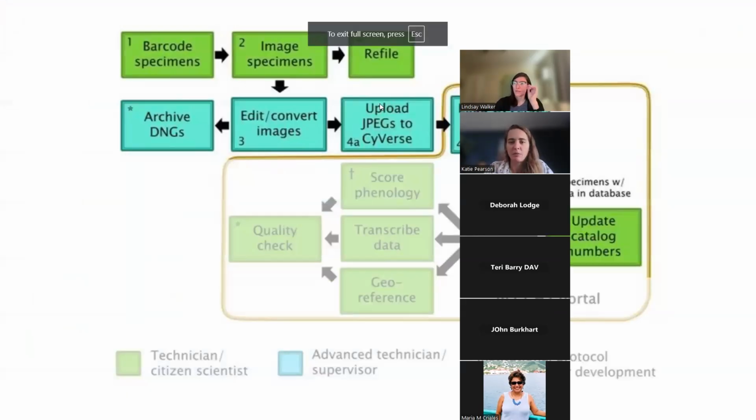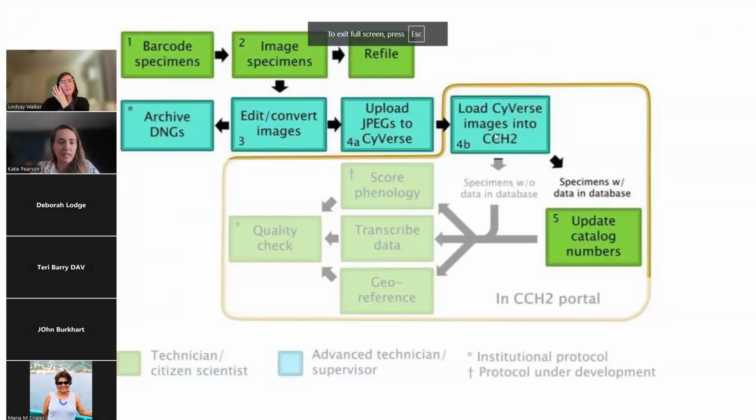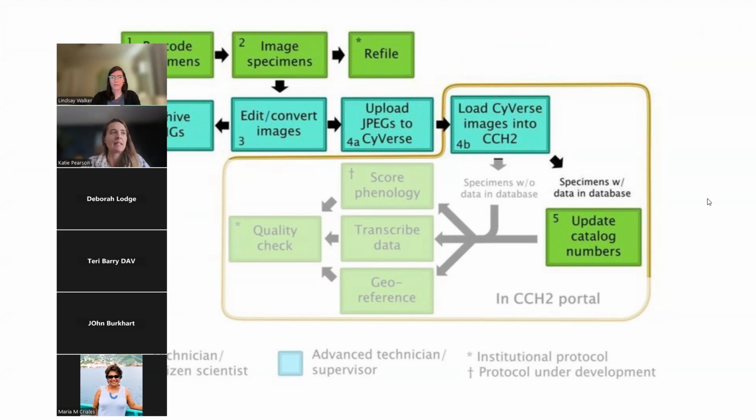Okay, so once we had uploaded our images into Cyverse, which got them linked into CCH2 via basically the same process as the Globus, it gives you a log file just like the Cyverse one did, so that you can see what loaded in and what didn't.